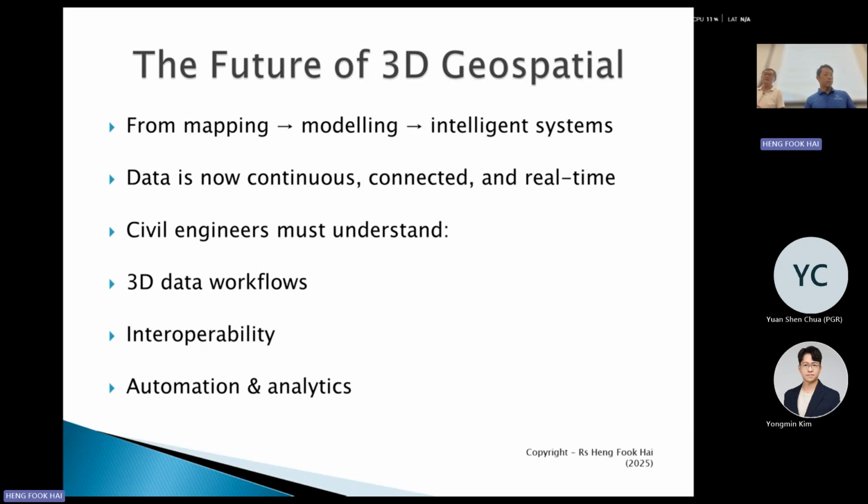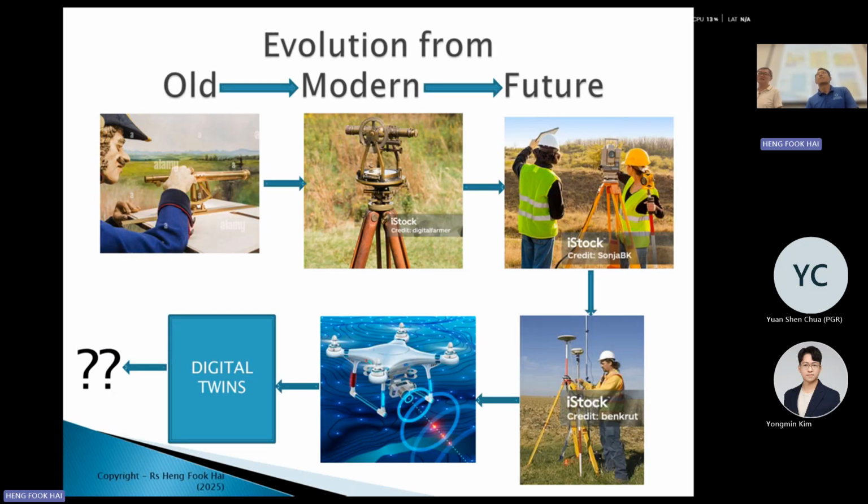Since you are moving towards a digital twin, as an engineer you need to understand the workflow, and of course how to interpolate all the data, all the information that has been given to you, and do automation and some analytical studies.